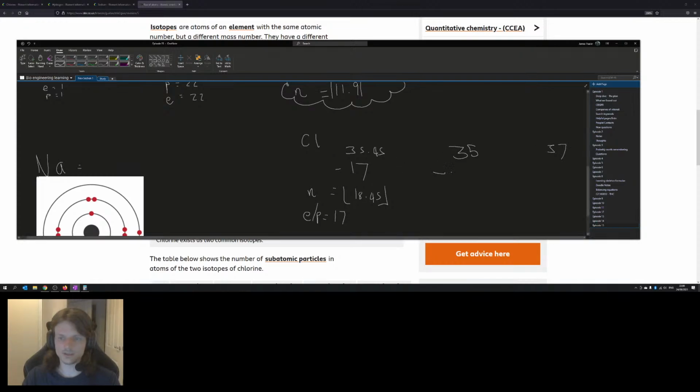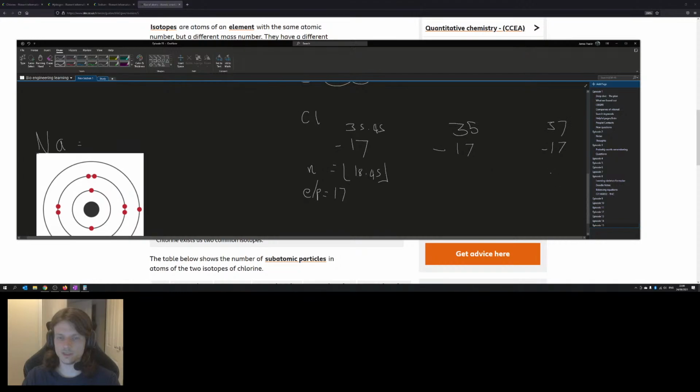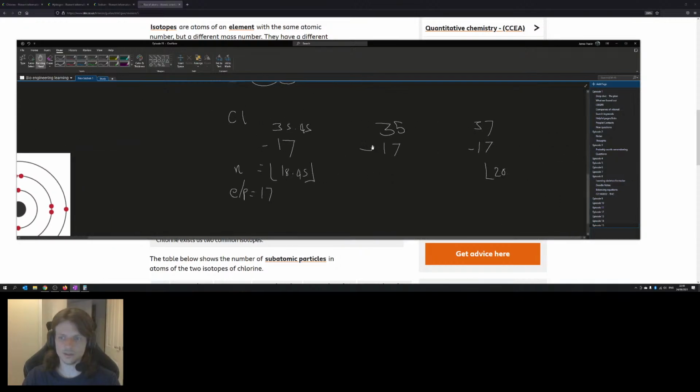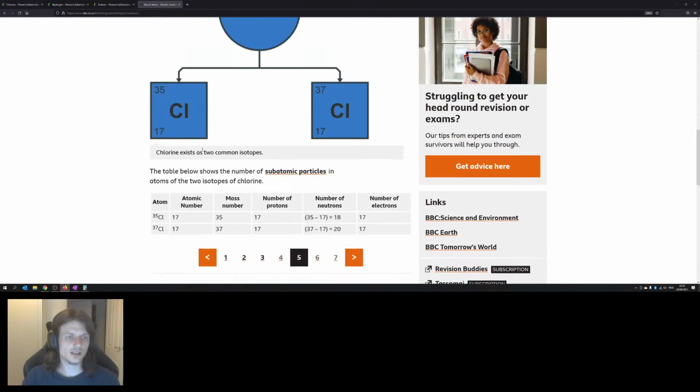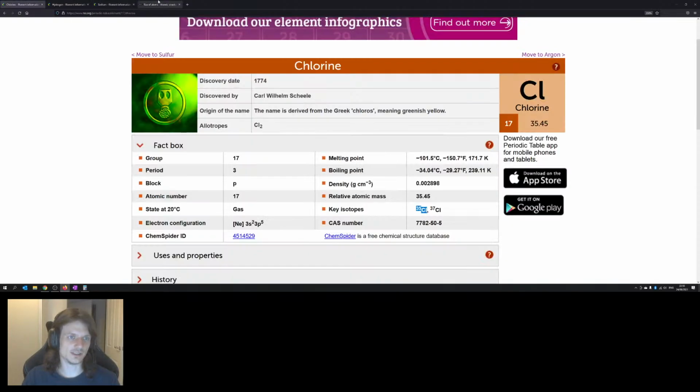So it's going to be minus 17, minus 17. So this will be 18, and this will be 20. So these are the differences. Okay. Chlorine exists. Oh, it's chlorine. I see. Yeah, I knew that.